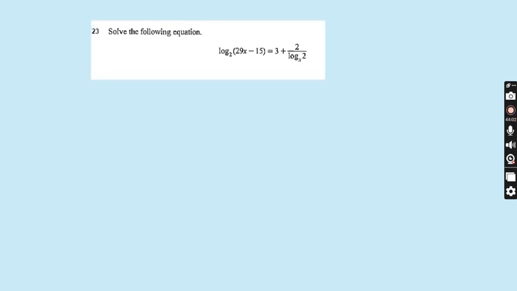Solve the following equation. Log base 2 of (9x minus 15) is equal to 3 plus 2 upon log base x of 2.